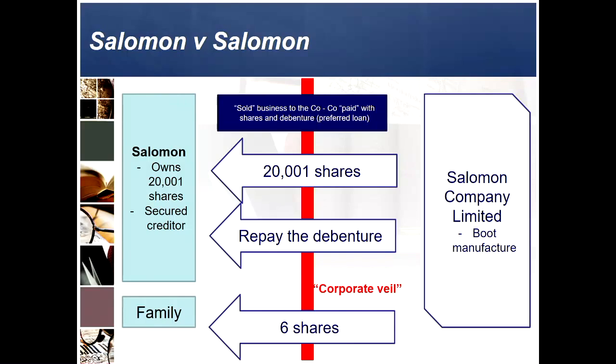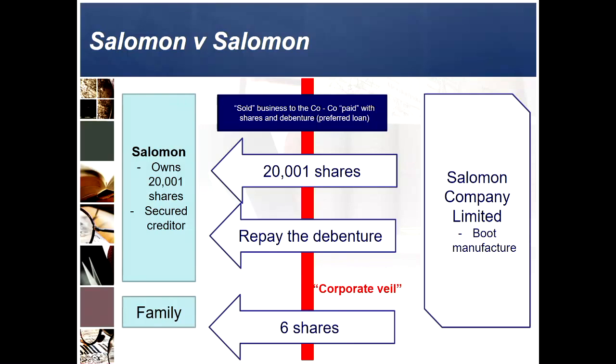But for our purposes today, the benefit of being a secured creditor is that the secured creditor gets paid out before all the unsecured creditors. So secured creditors get paid out every cent that is owed to them before unsecured creditors see a cent of the money that's owed.